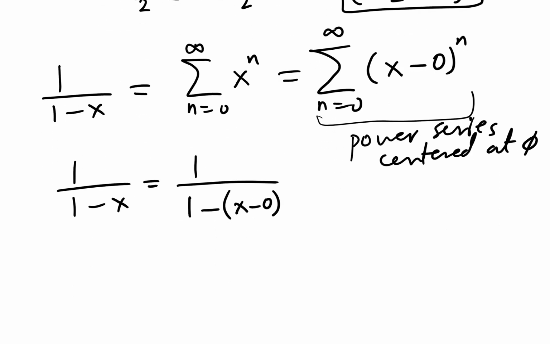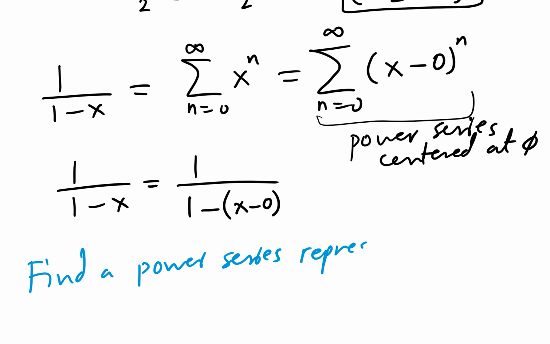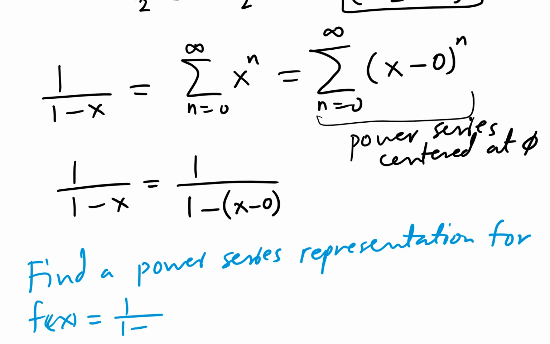Because you can be asked to find a power series representation for the function f of x equals 1 over 1 minus x centered at -1, or centered about -1.